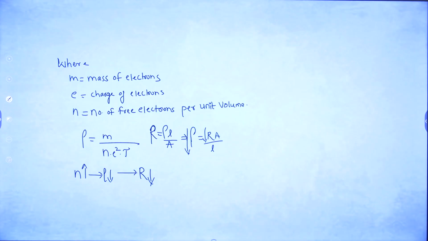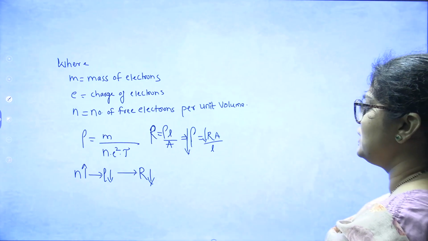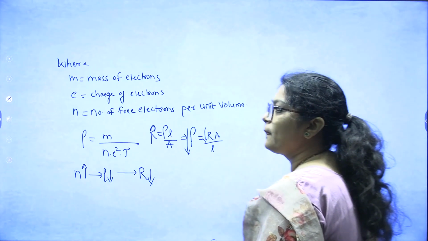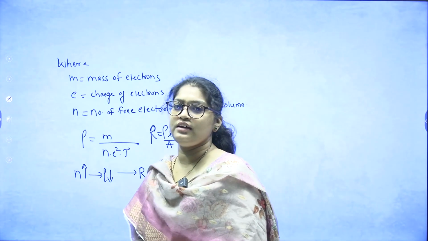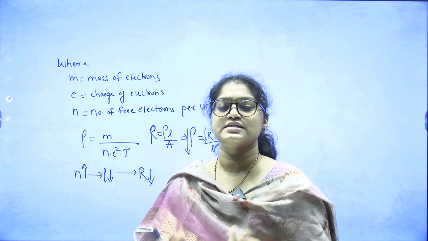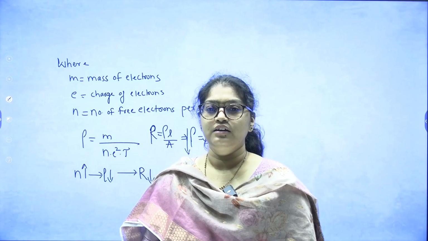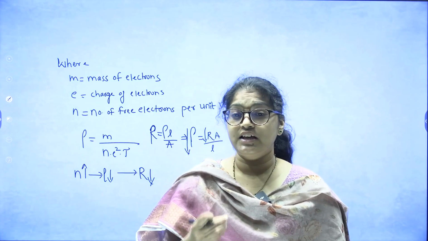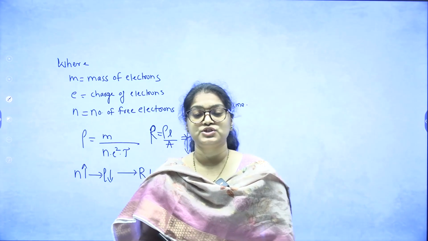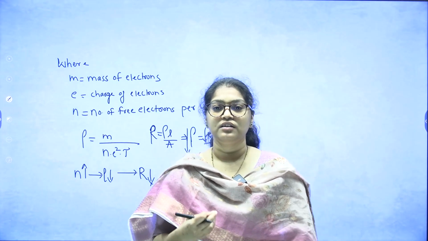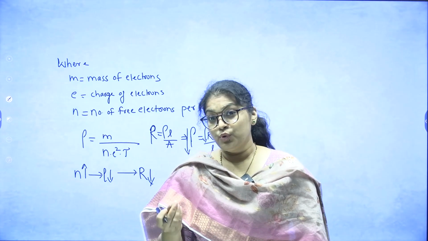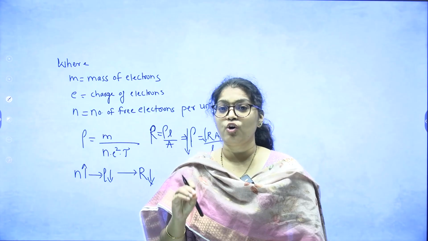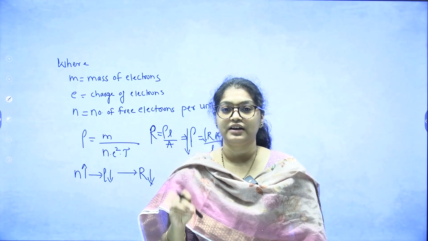So here this tau depends upon the temperature. Why? Because due to heat generation only, the movement of electrons is happening in a conductor. Due to heat generation, the flow of electrons is happening in a conductor.